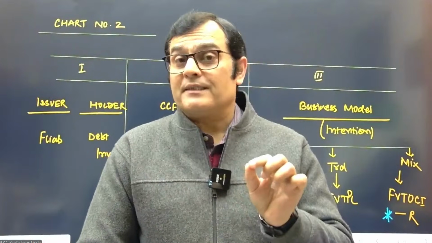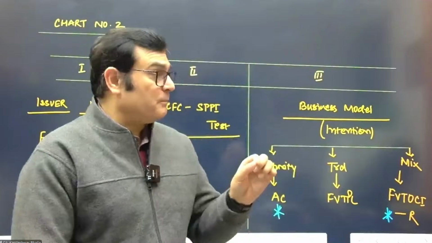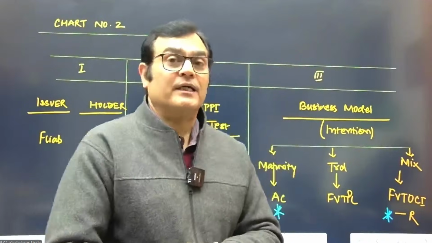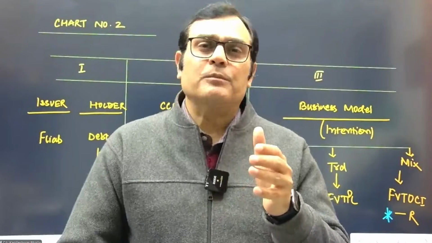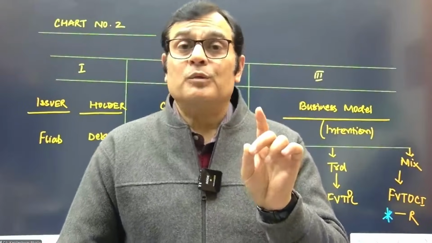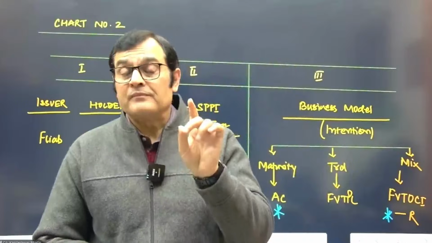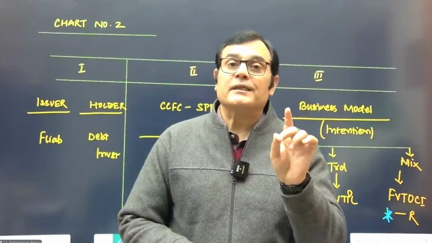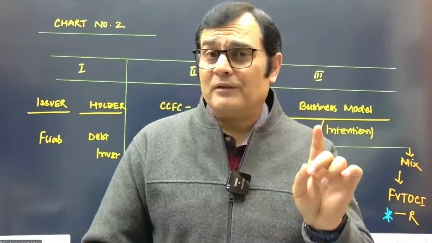A financial asset meeting the parameters of AC or of FVTOCI, I'm talking about debt investments, can be designated to be measured at FVTPL, but that is based upon conditions, and those conditions are called eliminating or reducing the accounting mismatch. We had extensive discussions on that particular concept as well.